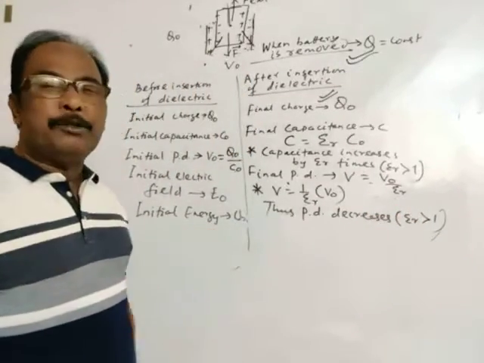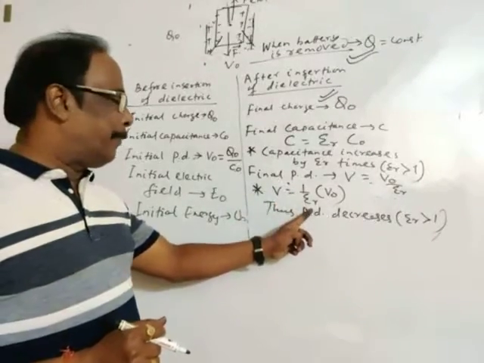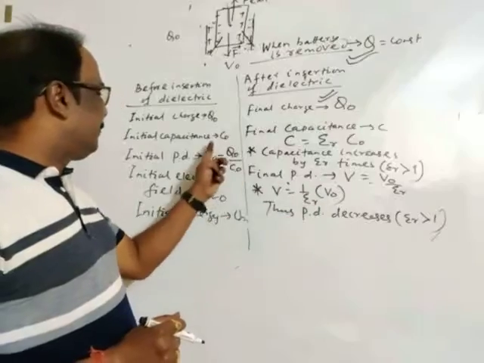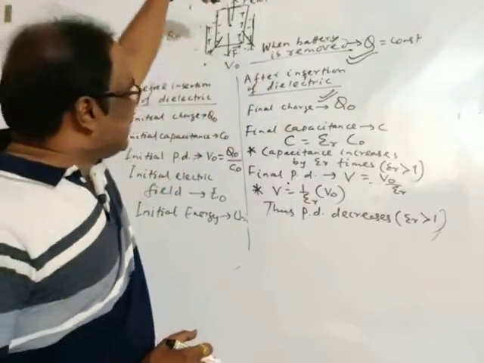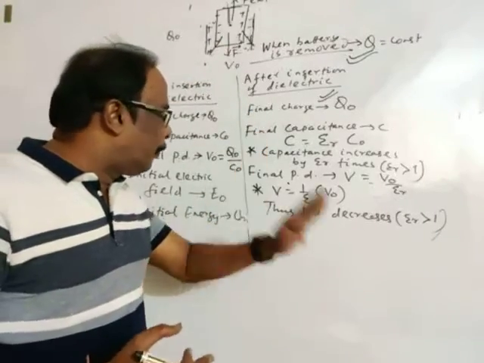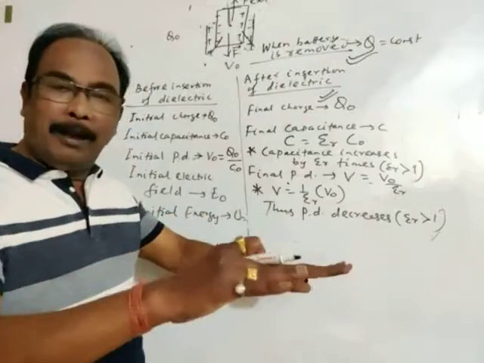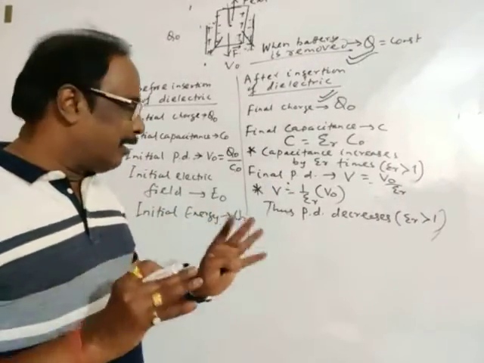Suppose epsilon r is 2, then the final potential becomes half that of the initial potential. So if a dielectric slab is inserted after removal of the battery, the potential difference decreases by 1 by epsilon r times.